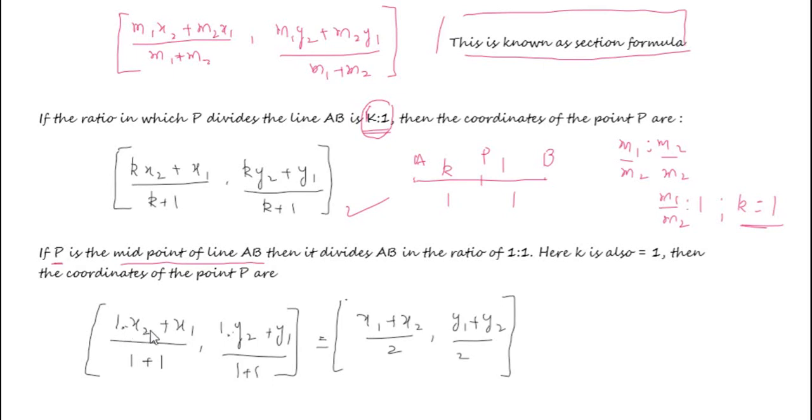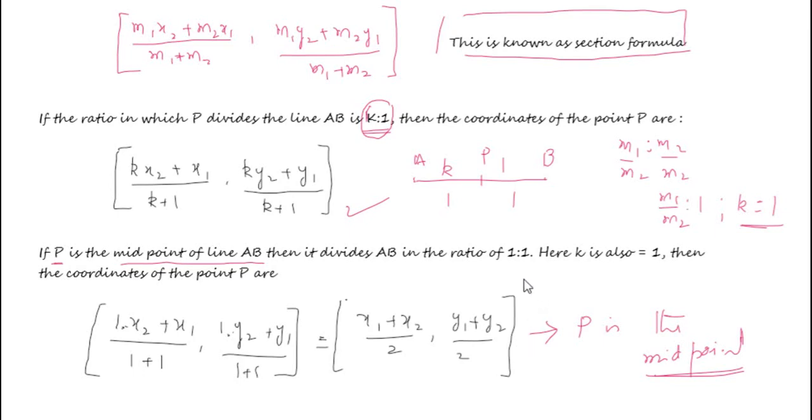So 1 into x2 plus x1 divided by 1 plus 1, 1 into y2 plus y1 divided by 1 plus 1. So coordinates of the point P are now x1 plus x2 divided by 2 and y1 plus y2 divided by 2, and this is only a special case when P is the midpoint. This is also section formula, but a special case. These are the three things you need to remember, and all the exercises are based on these three formulas.